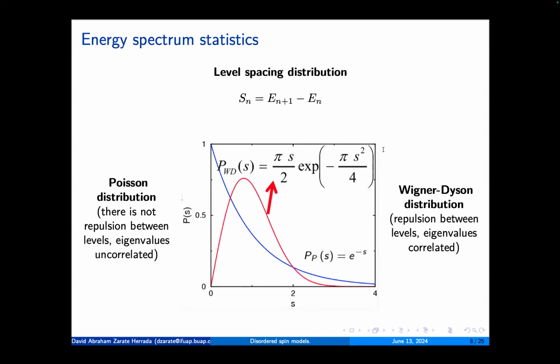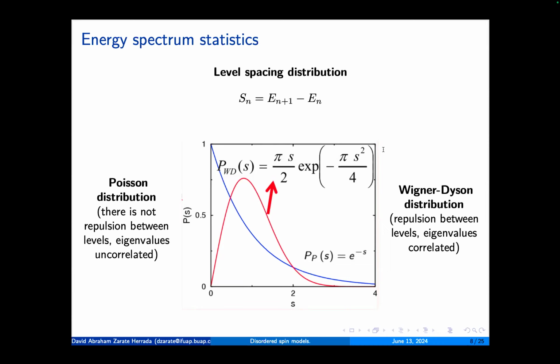We can study its spectrum using the level spacing distribution. If we calculate the spacings, where the spacings are the differences between consecutive eigenvalues, and then calculate the distribution of these spacings, we get the level spacing distribution.